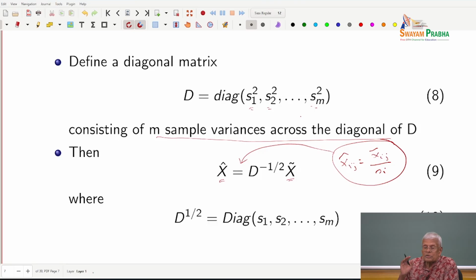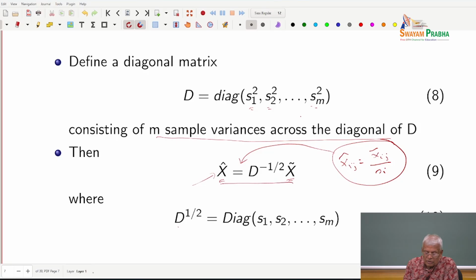When we talked about matrix theory and their application to modeling, we talked about the square root of a given matrix. If the diagonal elements of the matrix are positive, the square root consists of the positive square roots. So d to the power of minus half is the inverse of the square root of the diagonal matrix. So that matrix can be given by this.